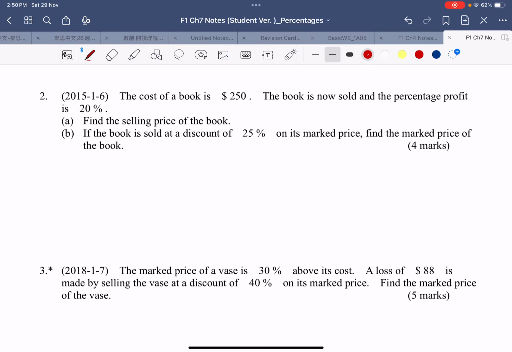And then the second one, similar things. I think those are Section A's simplest questions in the HKDSE exam, okay?